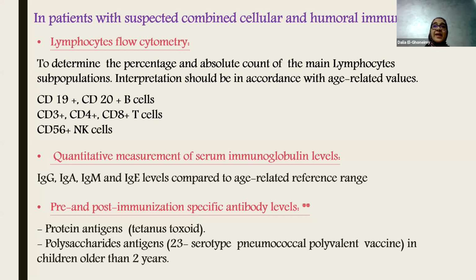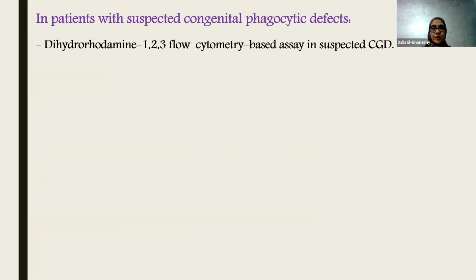So this might delay the transfer, especially if the patient is having a serious infection and serious presentation. So this might be considered, or delayed till the referral to a specialist in immunology.